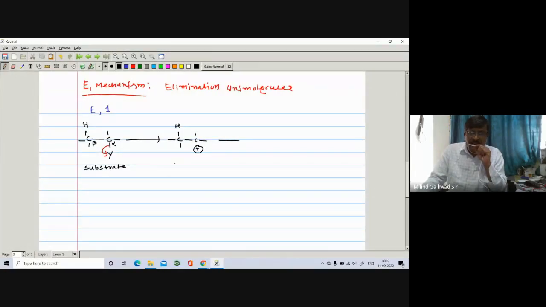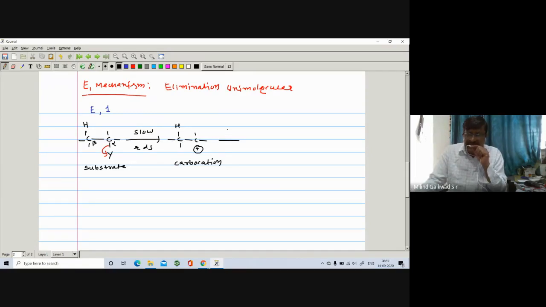So there is a formation of a carbocation. Y is a leaving group. It undergoes breaking completely. So the first step is a slow step. It is the RDS step, formation of a carbocation, just like your SN1 mechanism.